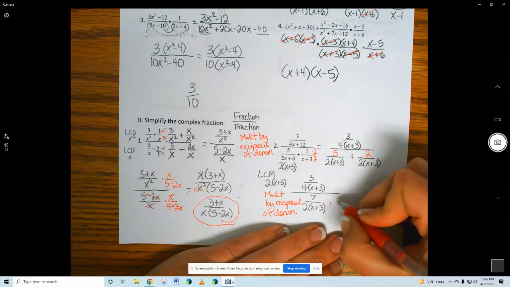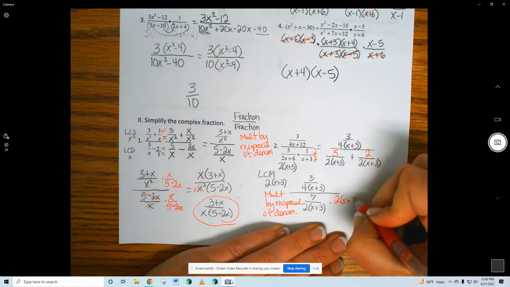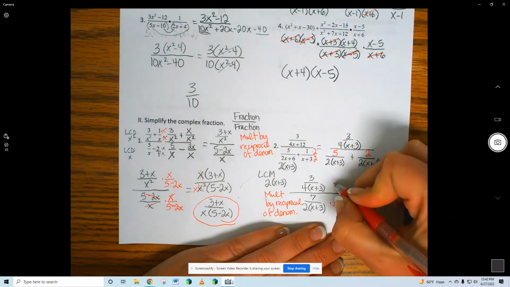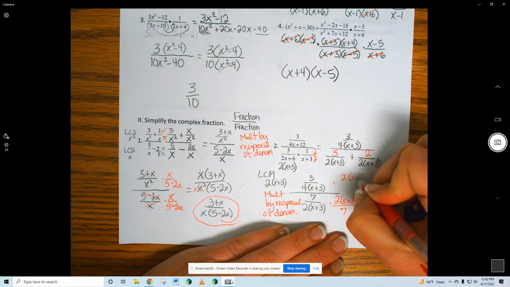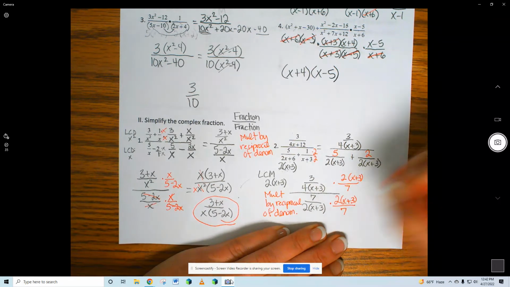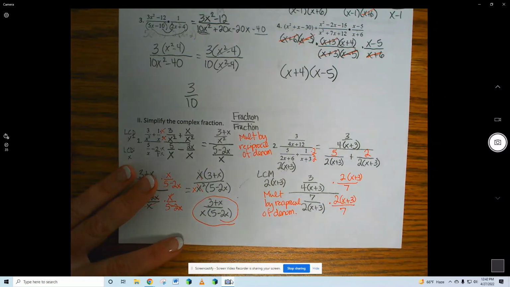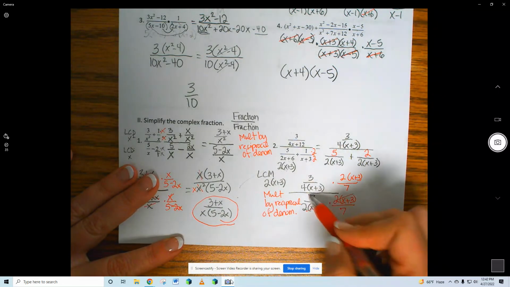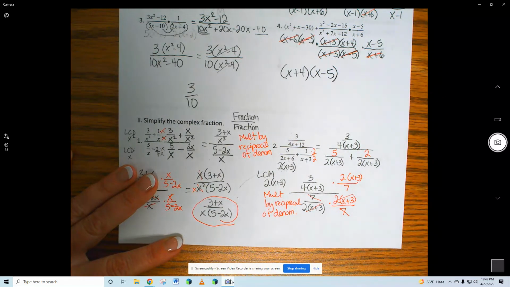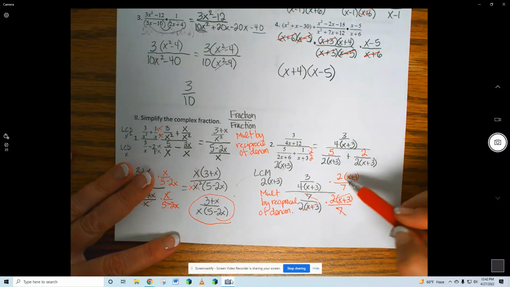So, 2 times the quantity x plus 3 over 7. This ends up canceling in the denominator. And in the numerator, I'm going to multiply these.